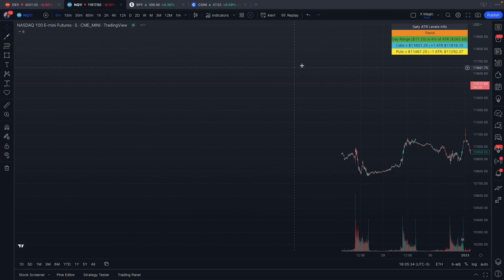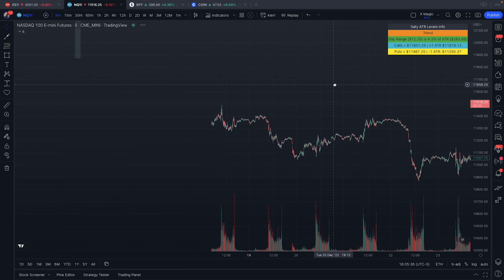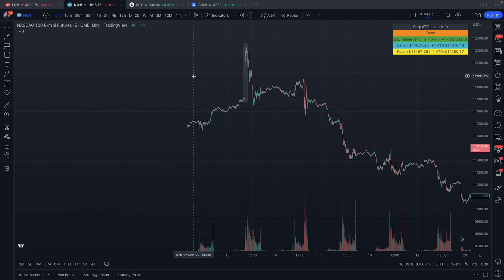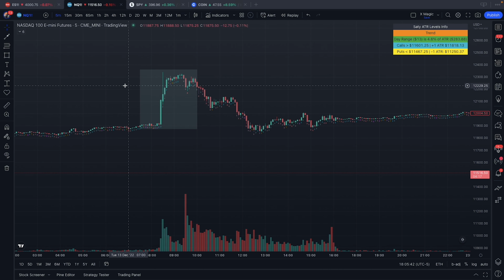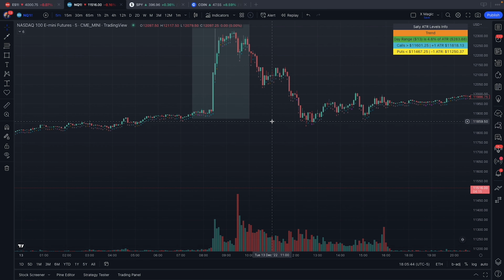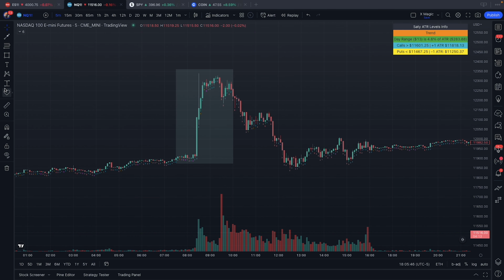Bear with me. Cool. So I like to see how much it moved in the prior data releases. So last time it moved at least 400.